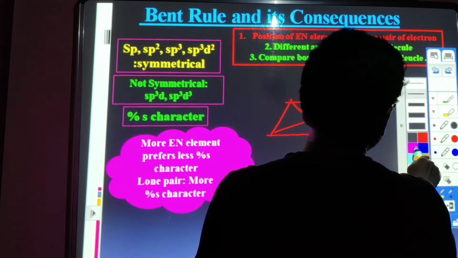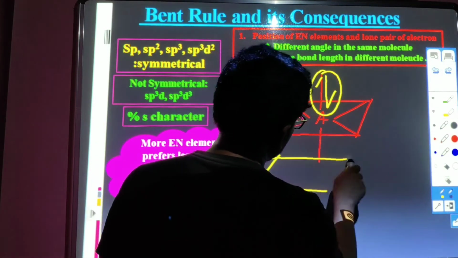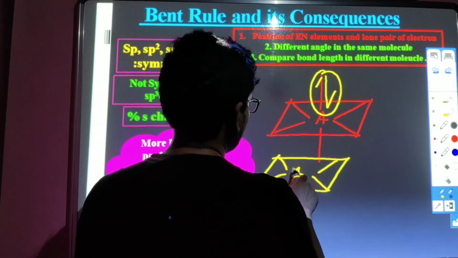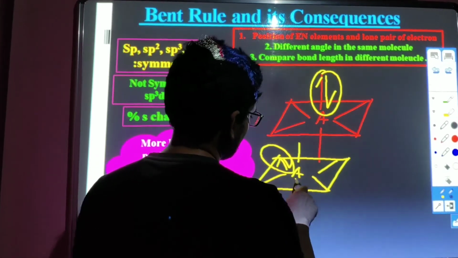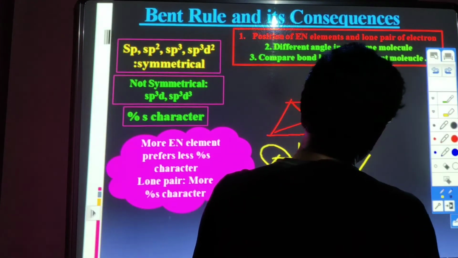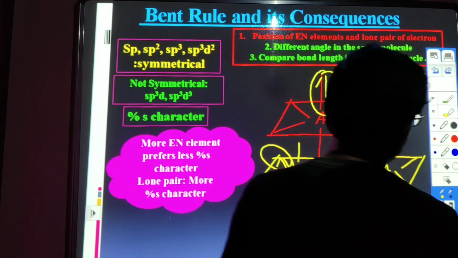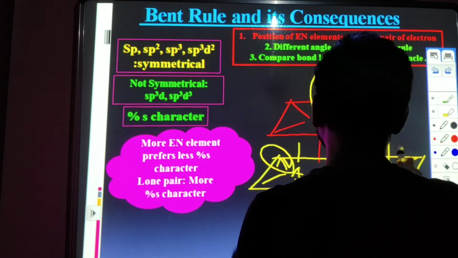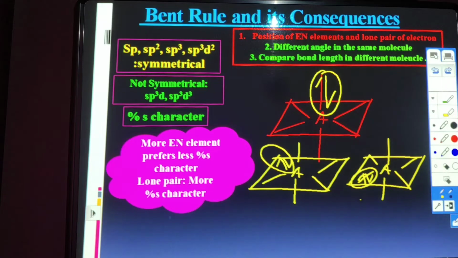If someone puts the lone pair somewhere here, say this is A, and the lone pair is here, now is it okay to put it this way?